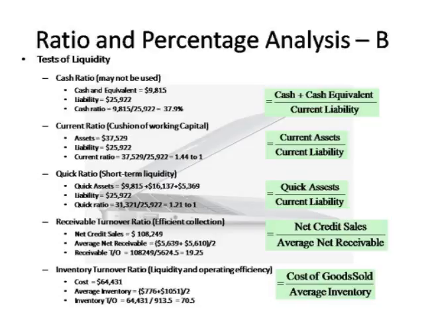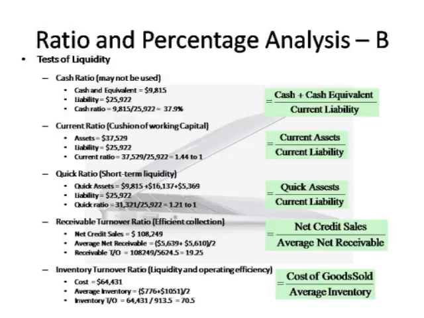Next, we check the quick ratio, which is a short-term liquidity ratio. Quick assets include cash, short-term investments, and accounts receivable. We do not count the inventory as a quick asset.